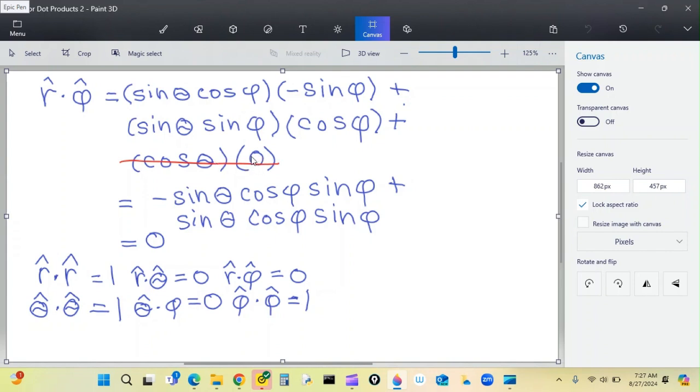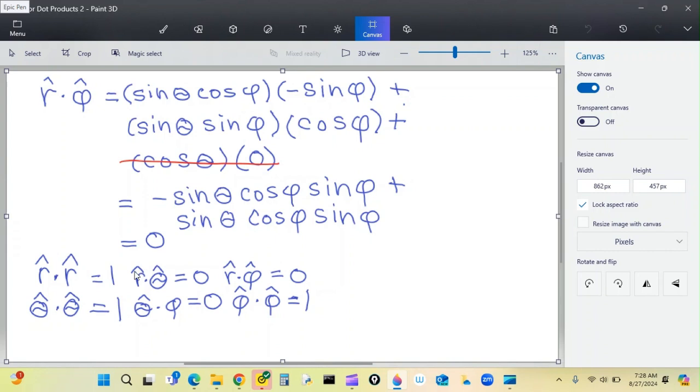So that term just goes away. And what are we left with? Sine theta cosine phi, sine theta cosine phi sine phi, just by jiggling the things around. And one's a negative, one's a positive. There we go to 0.